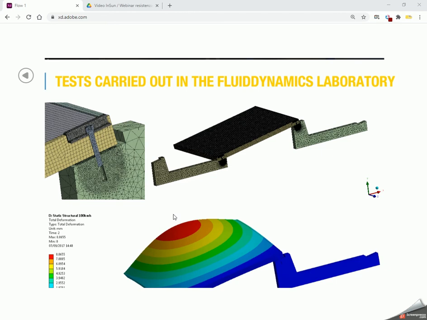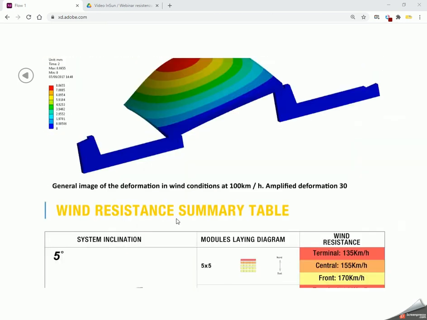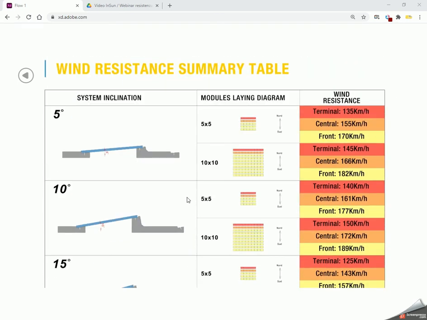Because of this test, we observed that the end rows are subject to a higher wind pressure and therefore to greater stress, while from the third row onwards you have reduced pressures. So, we consider these factors in the sizing we make every day.